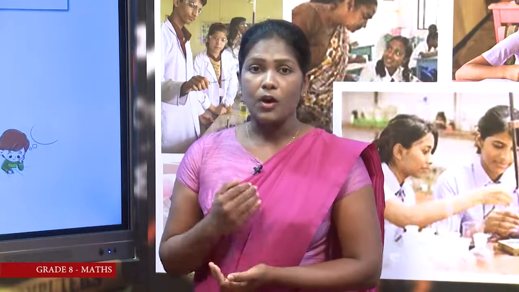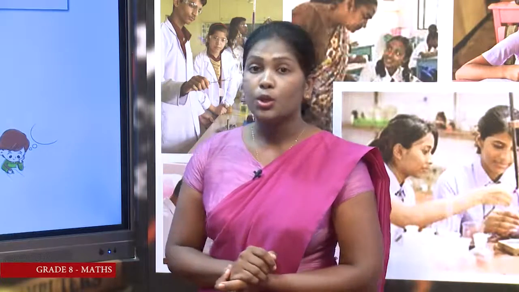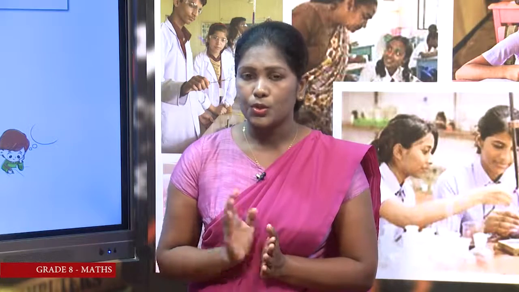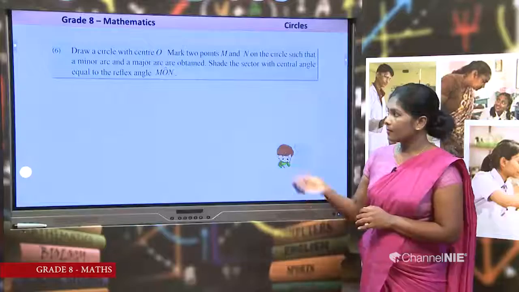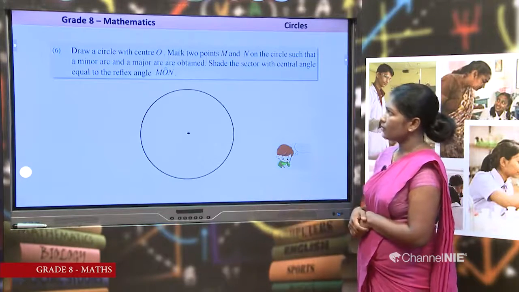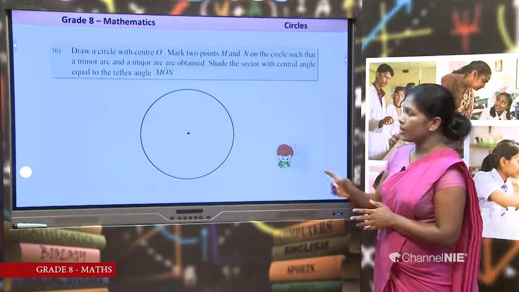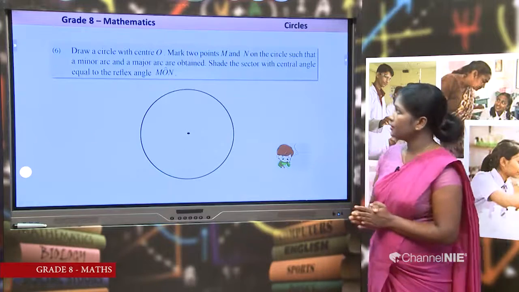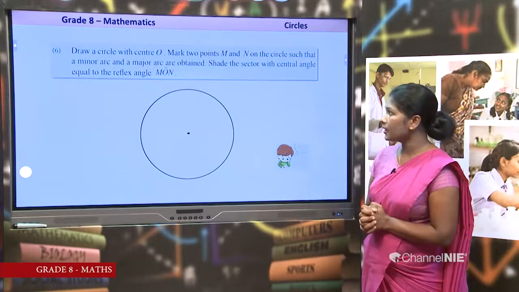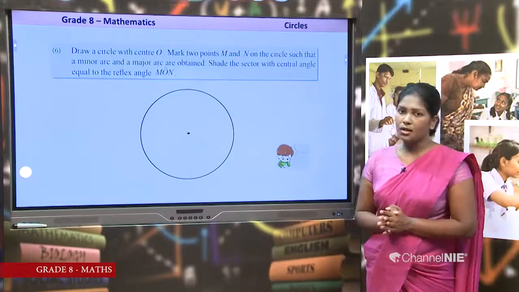Okay, then what we have to do first? Yes, draw a circle. Okay, hurry up. You can draw a circle now using compass. Draw a circle with center O. Mark 2 points M and N on the circle such that a minor arc and a major arc are obtained.